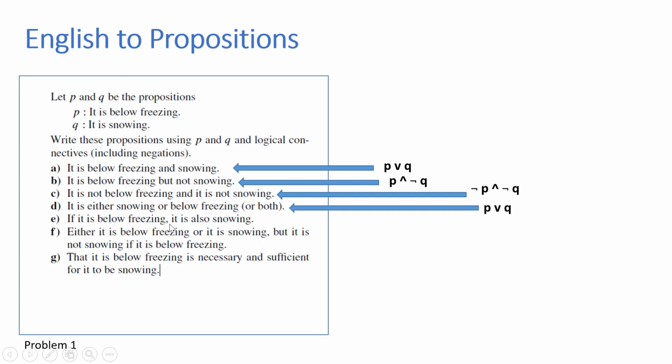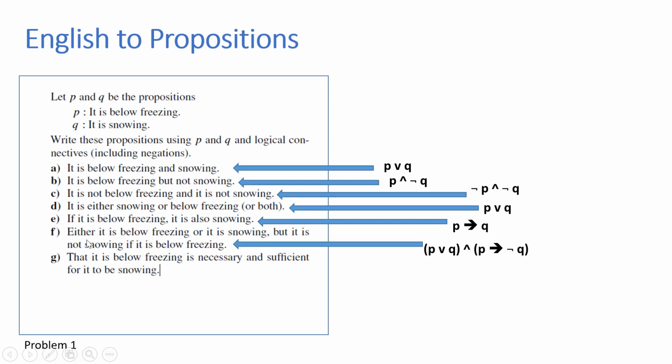If it is below freezing, then it is also snowing. So this is an implication: if it's below freezing, which is P, implies Q. Either it is below freezing or it is snowing, but it is not snowing if it is below freezing. So there are two statements here.